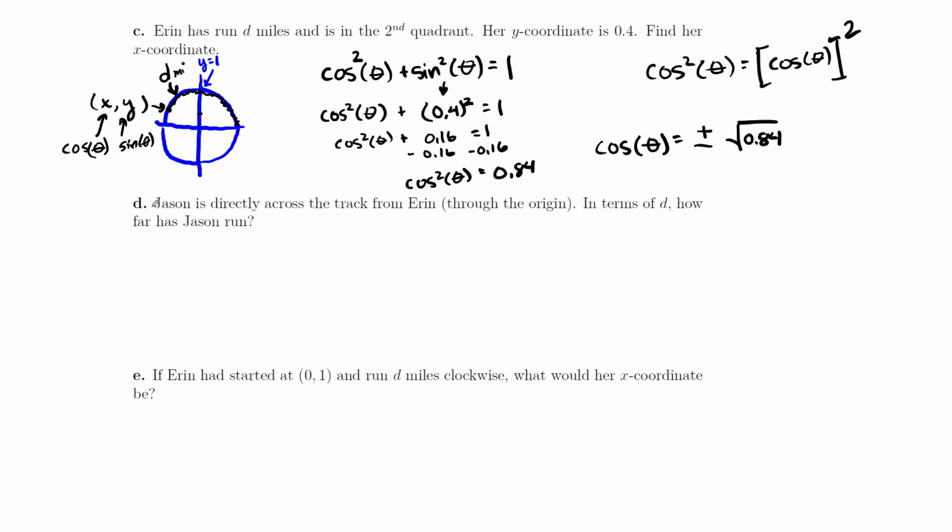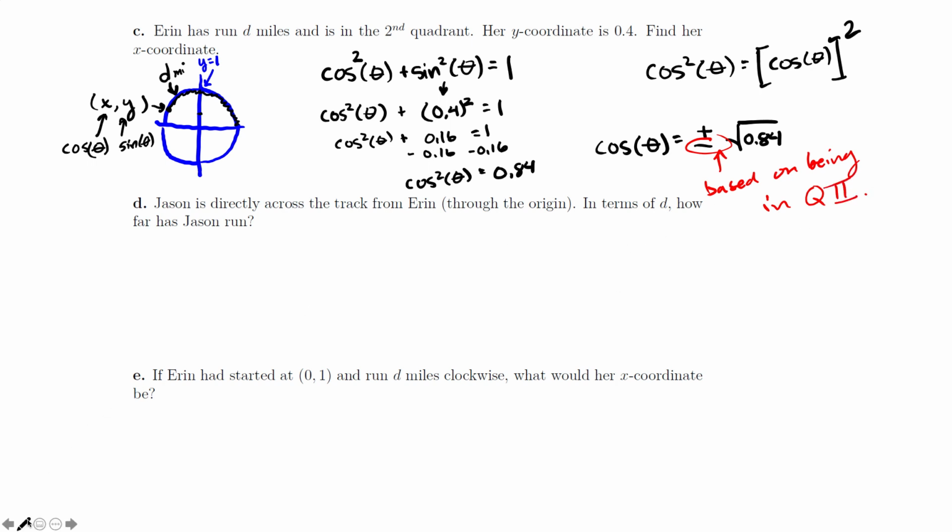Now, which one do we want? Well, clearly, according to our picture here, if we're in quadrant 2, then we want to choose negative as our x value. Sorry, I'm having trouble getting my other colors here. There we go. So I want to choose negative for sure, and that's based on being in quadrant 2.